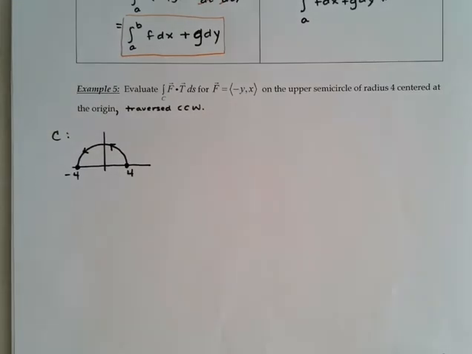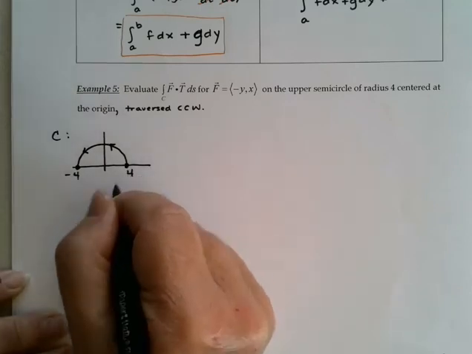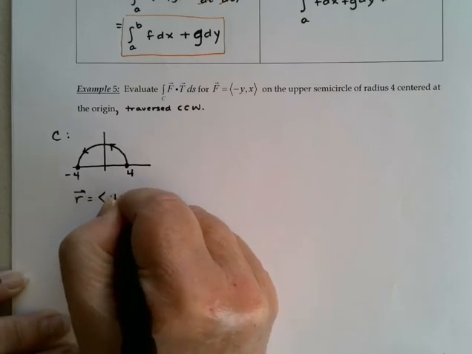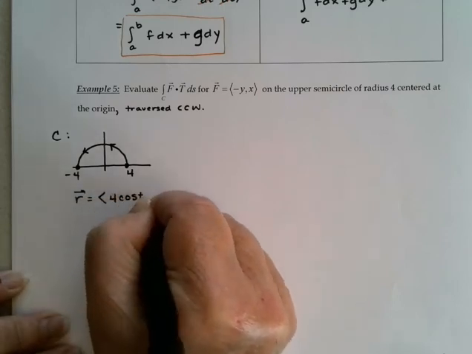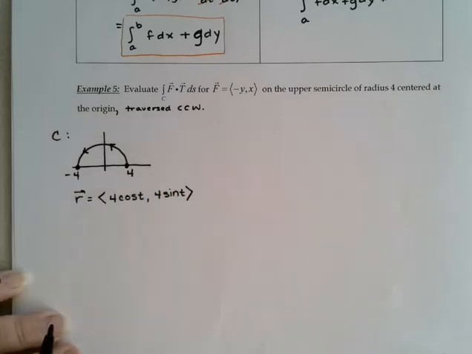Typically, parameterizations are easiest when I let x equal t, except for the special cases of the circle or ellipse. Those are best done, remember, with sine and cosine. So I'm going to parameterize differently than I have been. I'm going to use sine and cosine. Since it has a radius of 4, r would be 4 cosine t, 4 sine t, right?